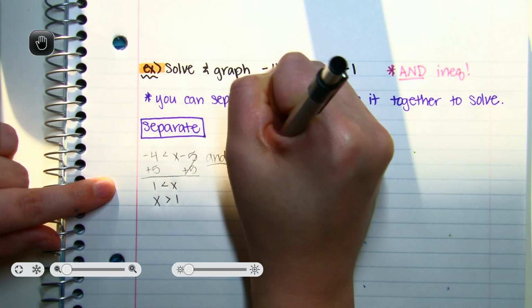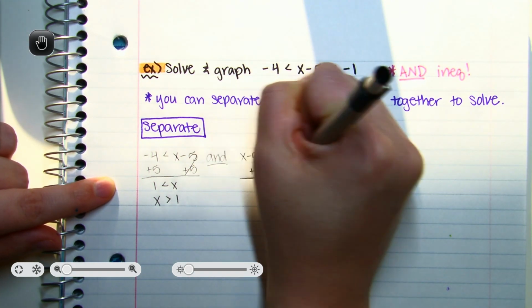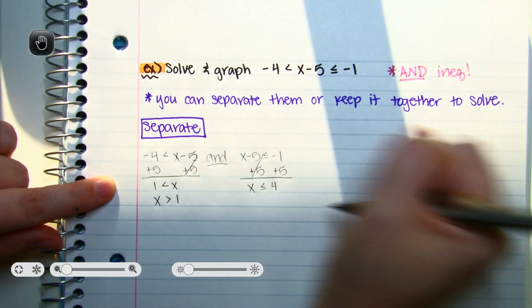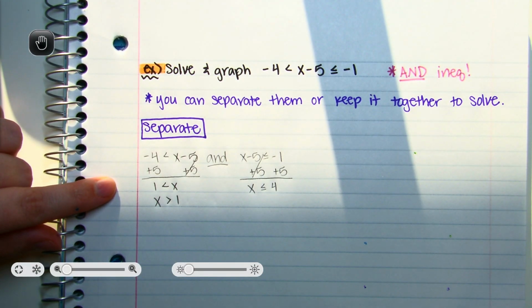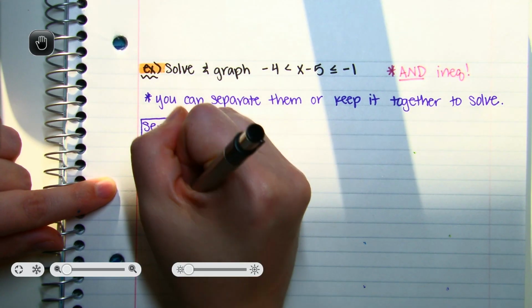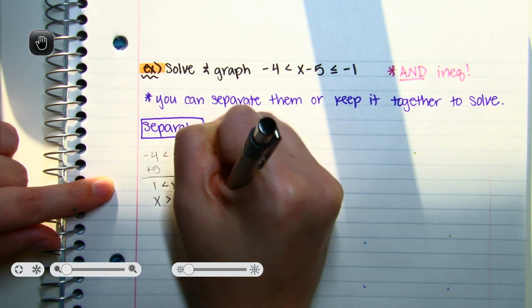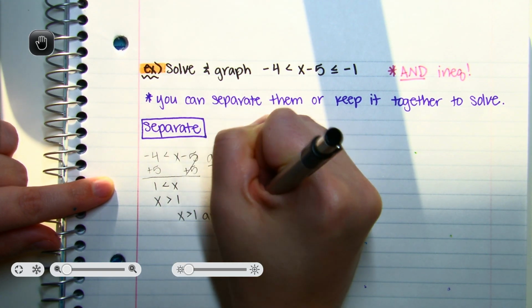Then for the other one, add 5 to both sides. And that one is just x is less than or equal to 4. So I'm going to rewrite this as x is greater than 1 and x is less than or equal to 4.